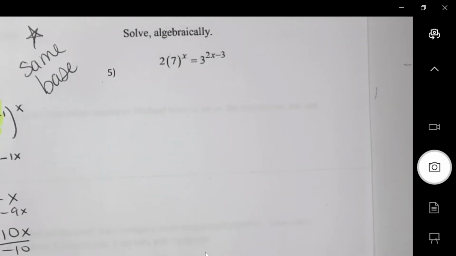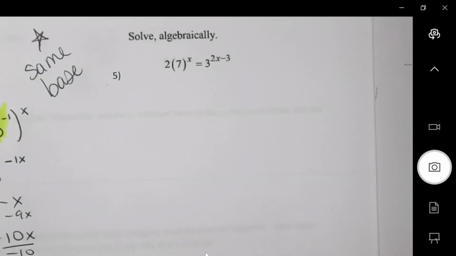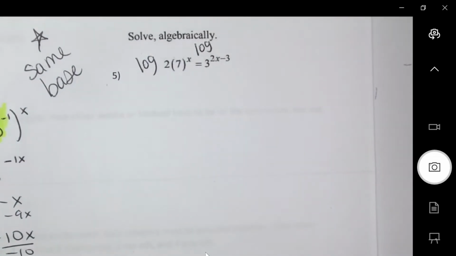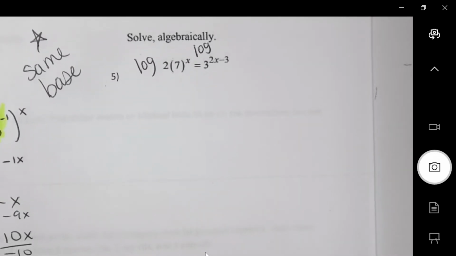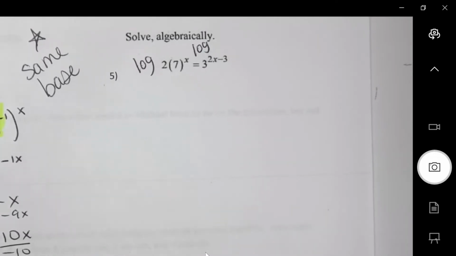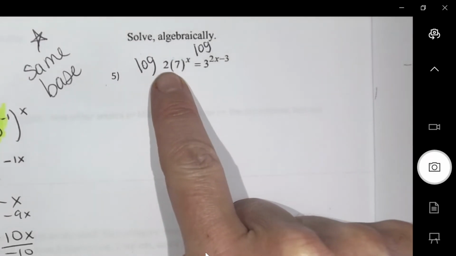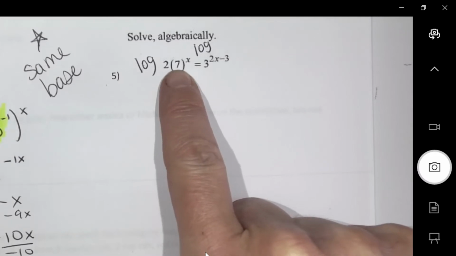Okay, this one, you are not going to write with the same base. So, what are we going to do here? We're going to move exponents, but to do that, I have to apply the log rules. So we're going to log both sides. Okay, ready? How do you separate these? This is 2 times a 7 to the x.